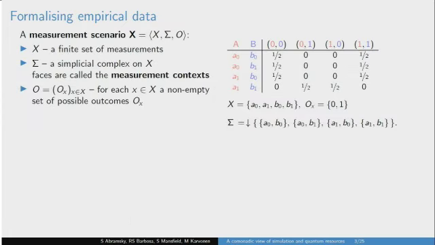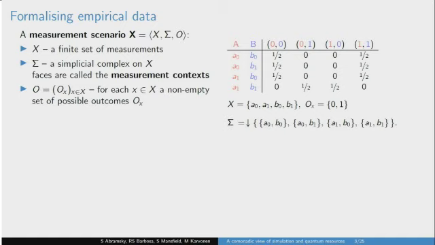We work in a theory-independent setting. We start by saying we have some finite set of measurements, and a simplicial complex structure on those measurements, which tells us which measurements are jointly possible. Being a simplicial complex just says that it's downwards closed: if a set of measurements is jointly possible, then any subset of them is jointly performable as well.